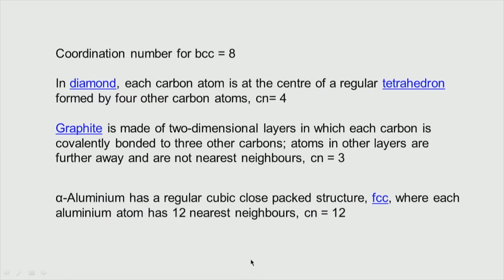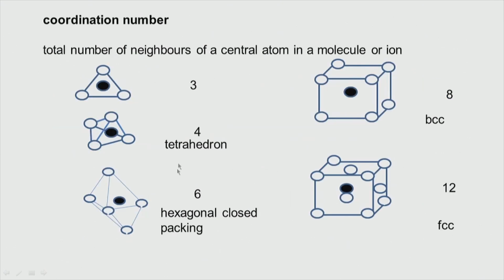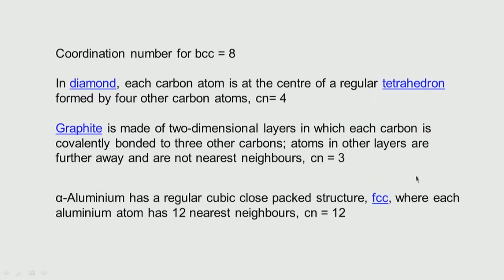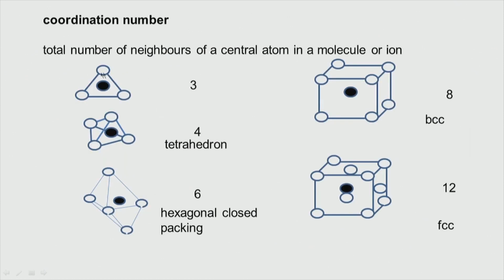In diamond, for example, each carbon atom is at the center of a regular tetrahedron. So, coordination number is 4. So, we have diamond like structure here. Graphite is a 2-dimensional structure, so the coordination number will be 3.